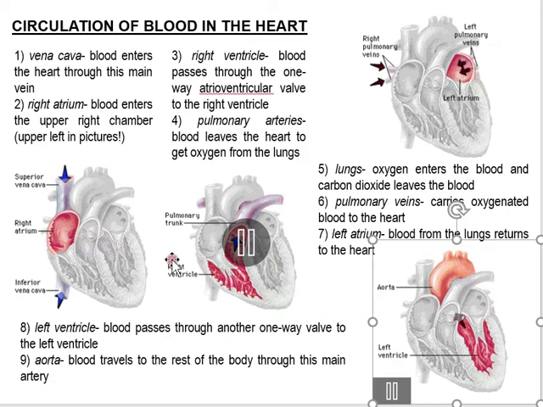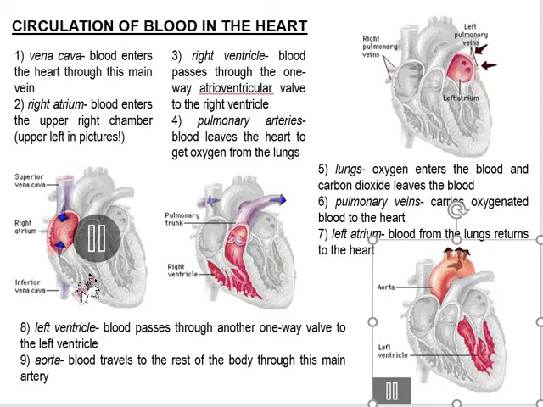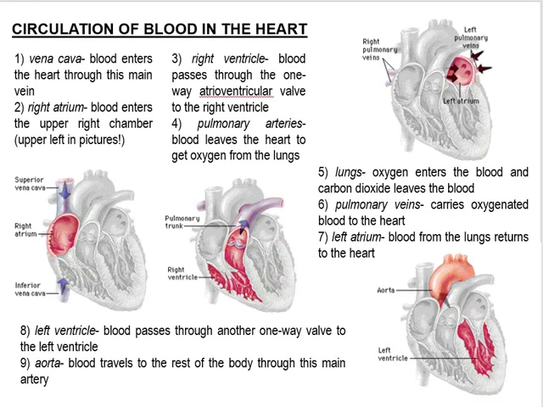Now we can see the blood is passing through the heart twice before it completes one full circuit. So this is the complete circulation of blood in the heart.